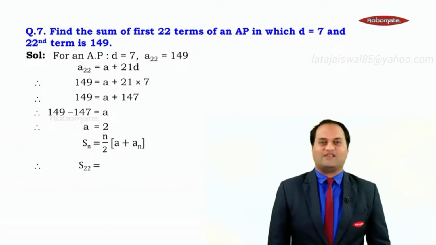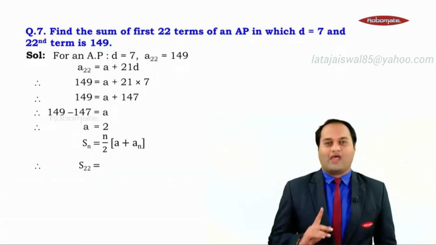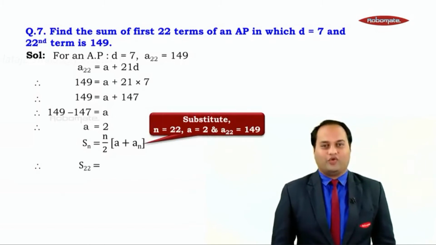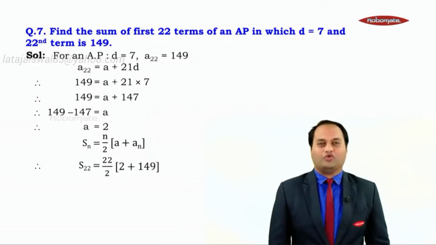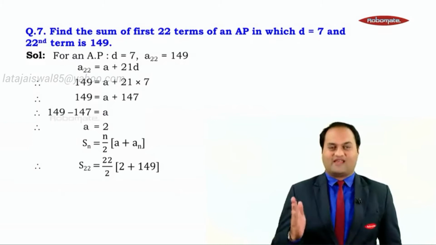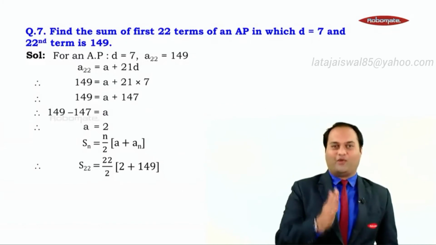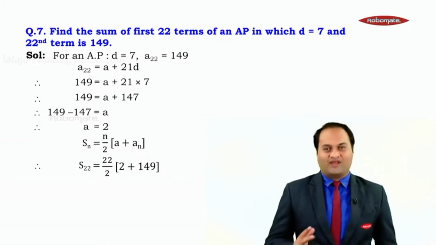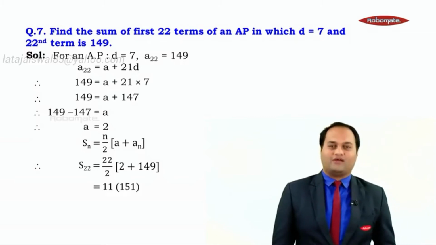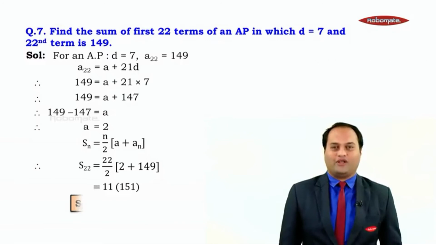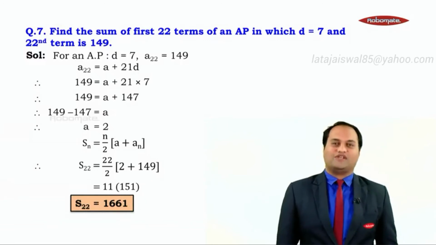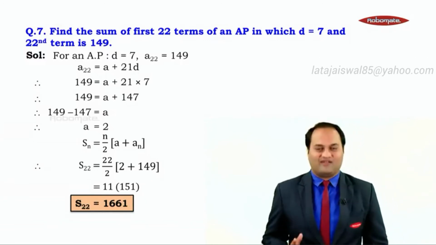S22 is equal to N upon 2, that's 22 upon 2 into 2 plus 149. SN, AN, so S22, here it is A22 and A22 is 149. Let's solve this. You get 11 into 151. You get S22 is equal to 1661.